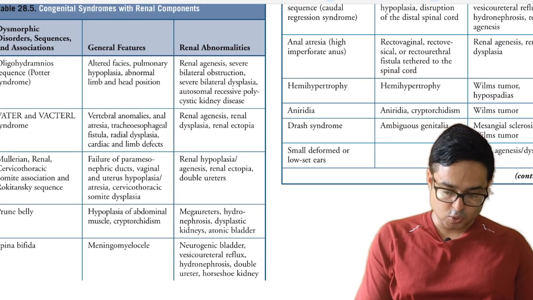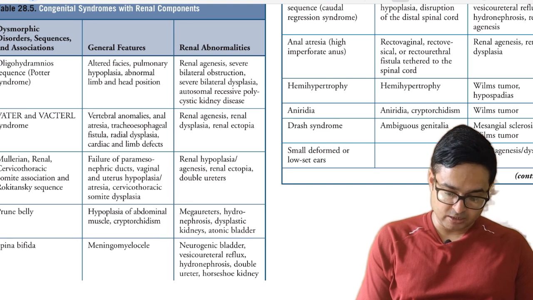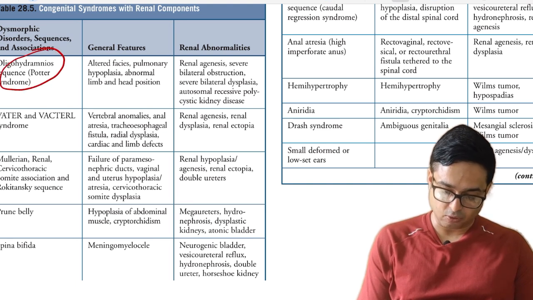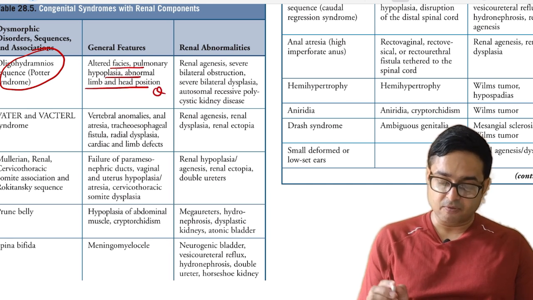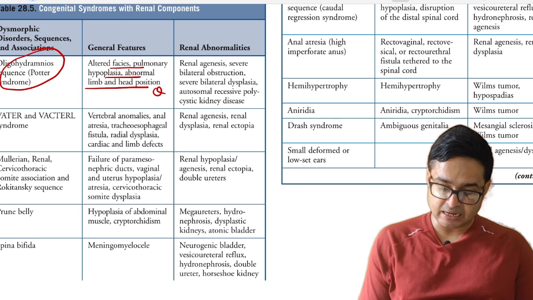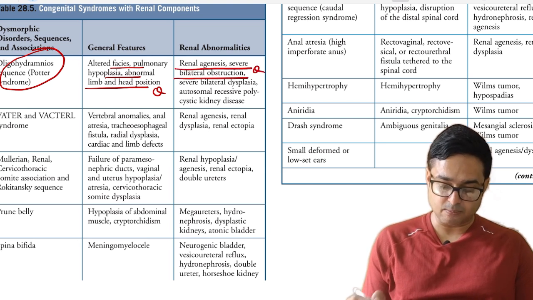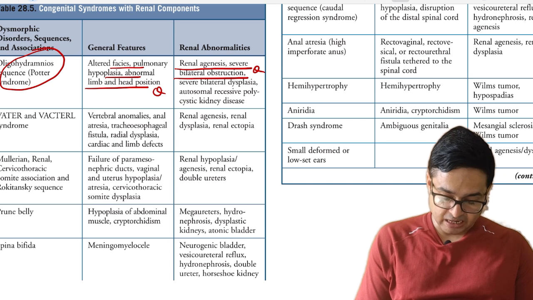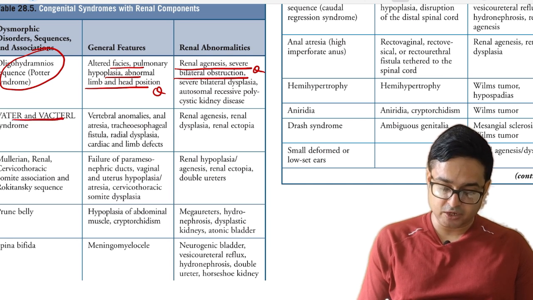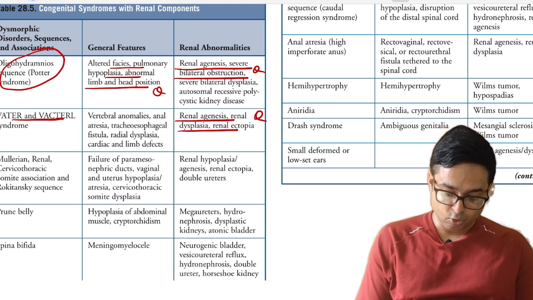Okay, so oligohydramnios, Potter sequence, we all know: altered facies, pulmonary hypoplasia, abnormal limb and head position. What are the renal abnormalities? Renal agenesis, severe bilateral obstruction. Generally, these are most common. VACTERL anomaly, we all know. What are the kidney anomalies in this? Renal agenesis, renal dysplasia. Mullerian or MRKH syndrome.